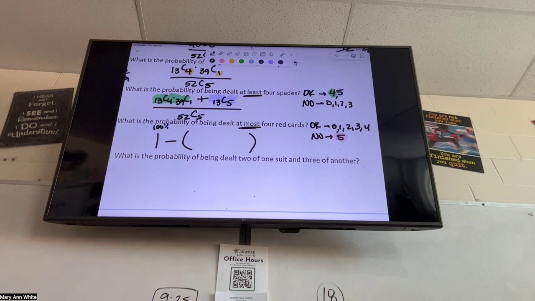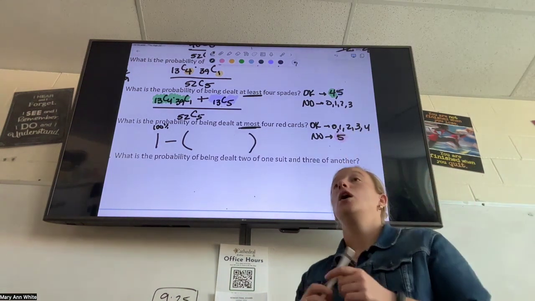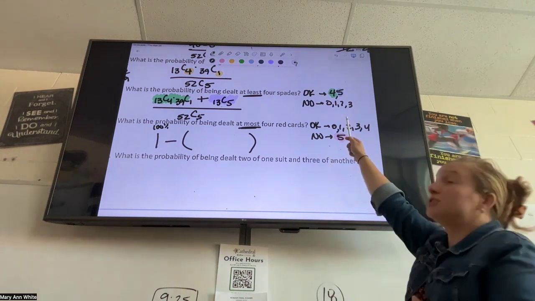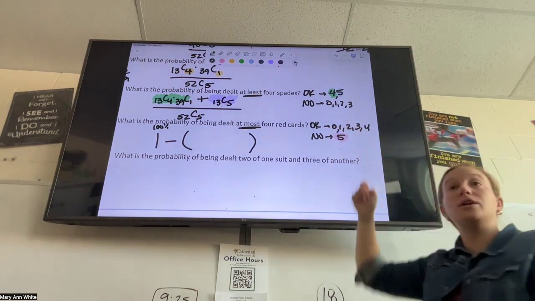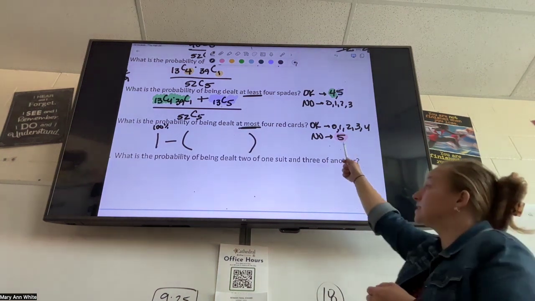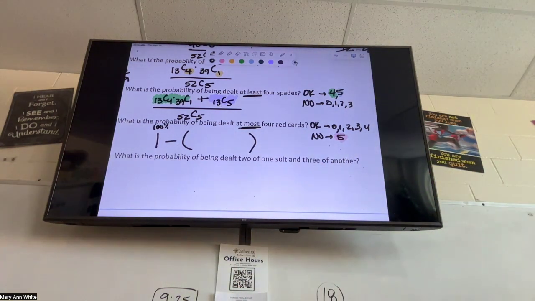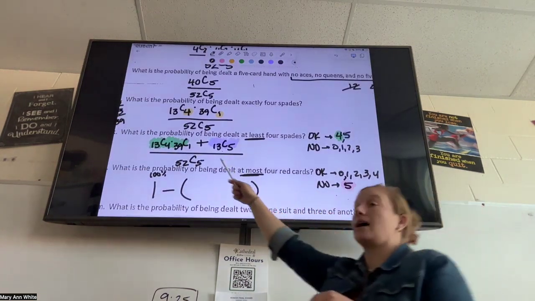So if we do 100% minus what we do not want to happen, we're going to get all the situations we're okay with. We could have done it with the one above it, but to do the no's, we would have had to do 4 situations versus just 2. If you remember with the one above it, I said we're going to do the list that is the smallest. In this case, the smallest is the no, so we do 1 minus it. If the smallest was the yes, we just add the yeses together.